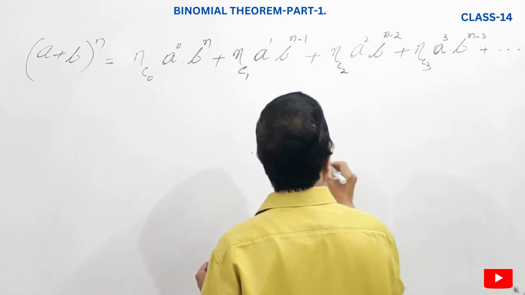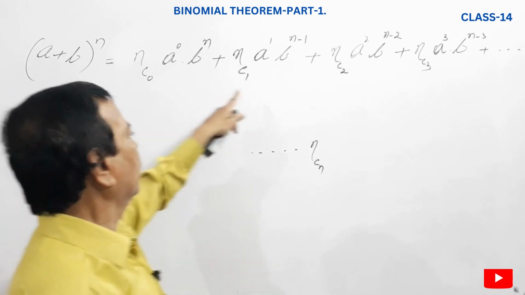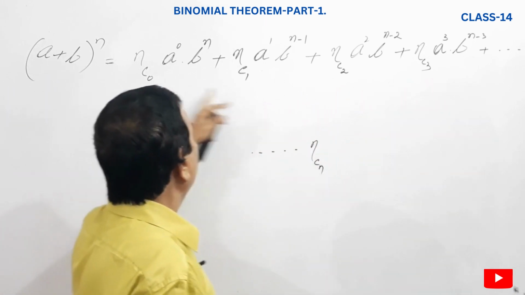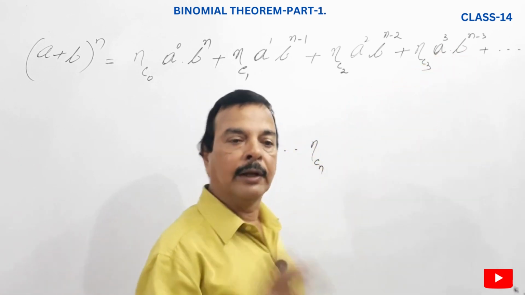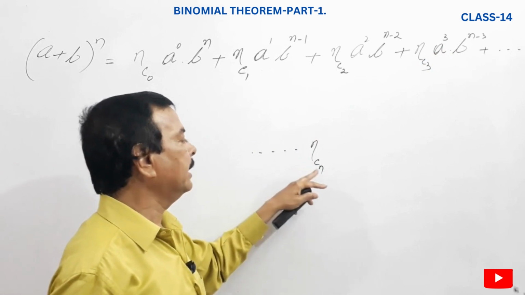So this becomes nCn. See, nC0, nC1, nC2, nC3. The value is increasing until when? Until the value becomes n. So nCn.